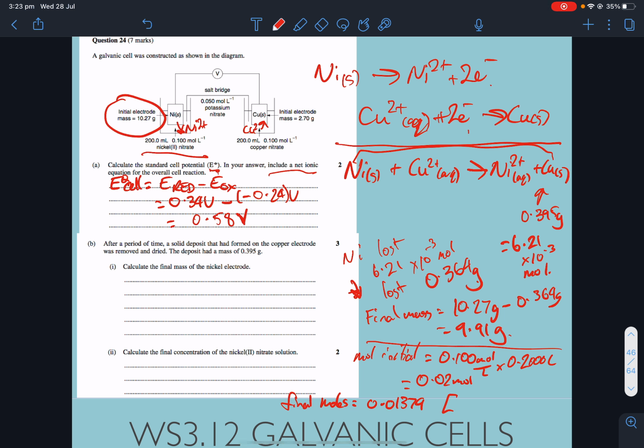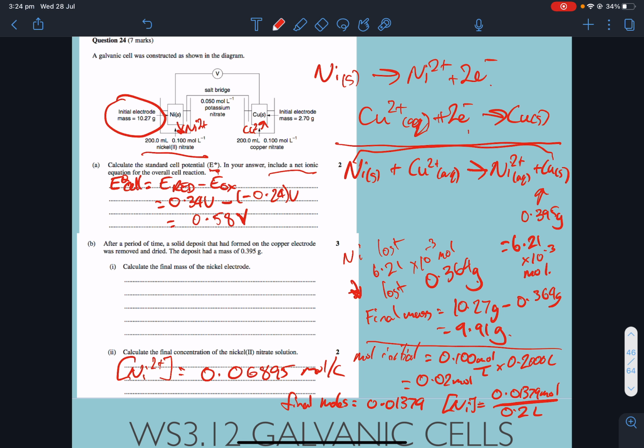So the concentration of nickel 2 plus equals 0.01379 moles on 200 mil, 0.2 litres, 0.06895 mole per litre.